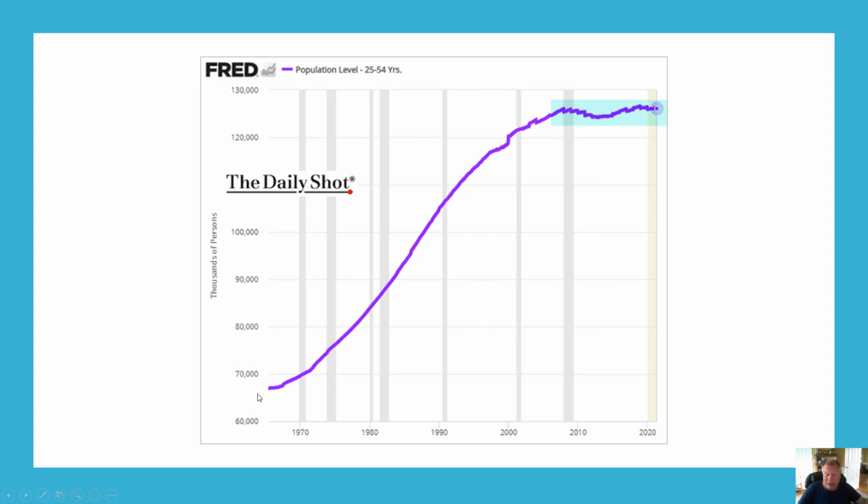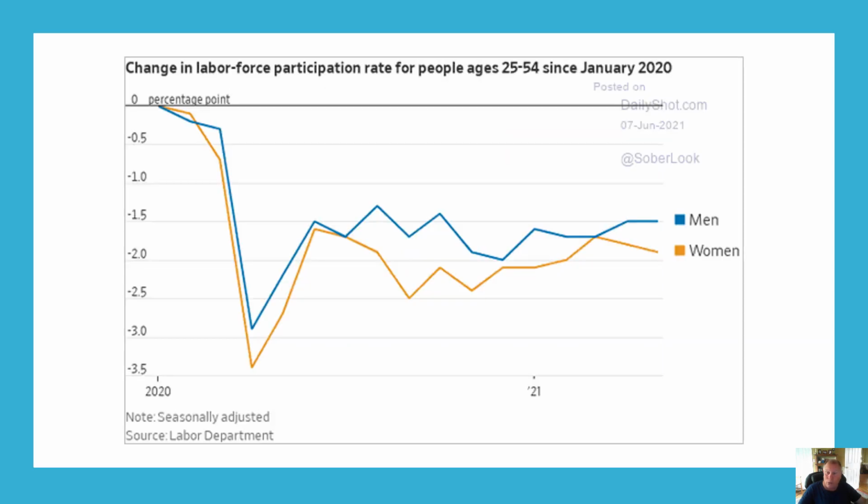But if we go back to 1970, it was growing every year, which means that there was a market for jobs. So this age cohort remained about the same. Okay, there's no growth, and this is your prime workforce. So it's hard to grow an economy when you don't have the volume of workers.